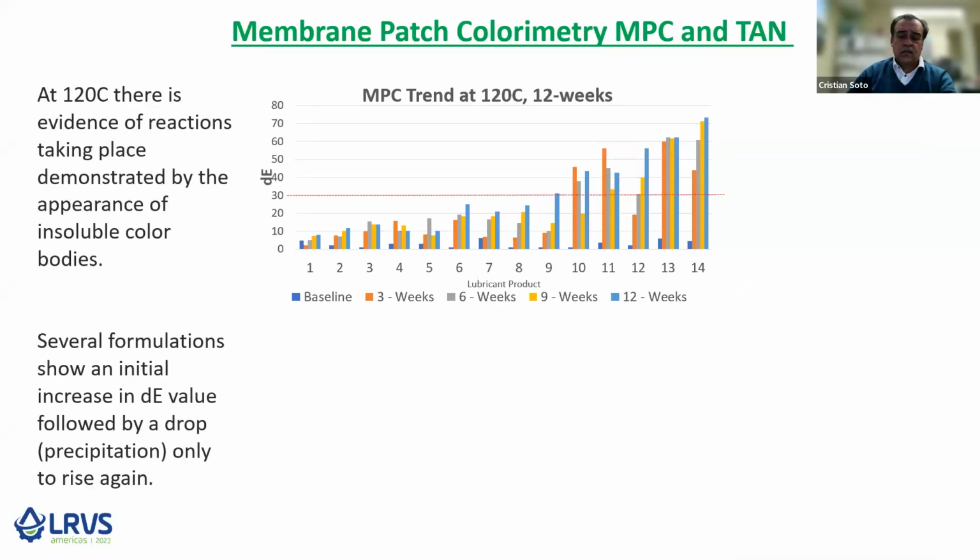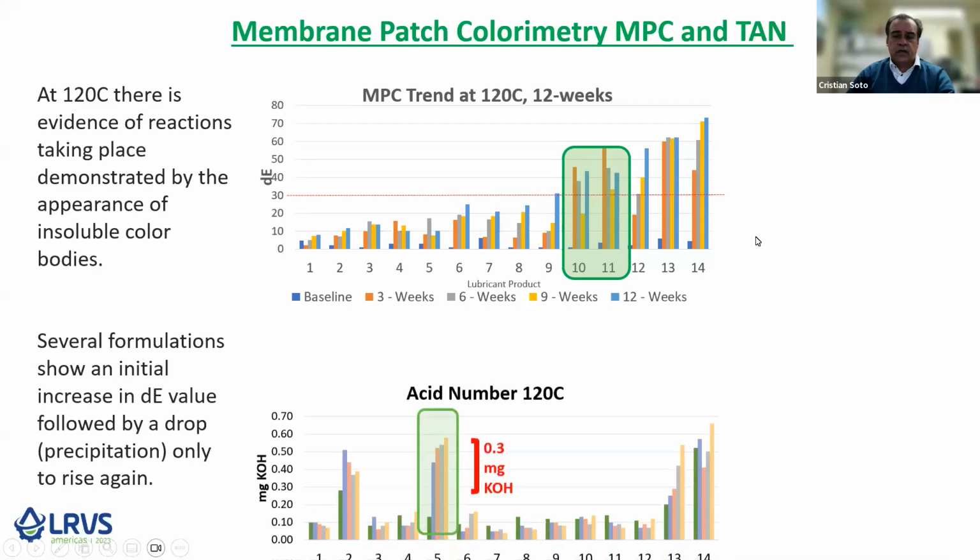We also see that several formulations, especially these two we're highlighting, show an increase in MPC followed by a drop and then an increase again. This may be due to precipitation happening, where some of the products being made come out of solution, dropping out, causing a drop in the MPC, and then it continues to grow again.